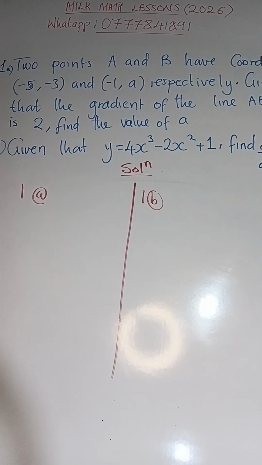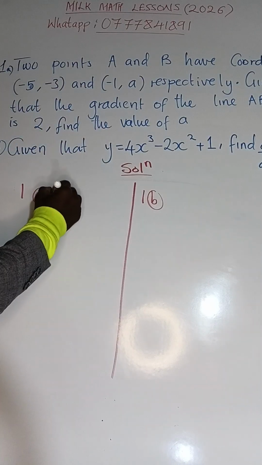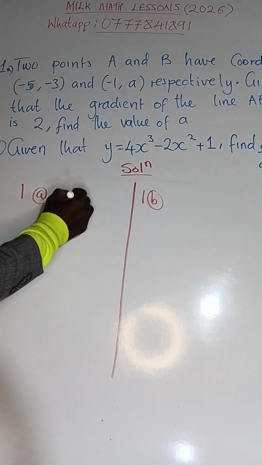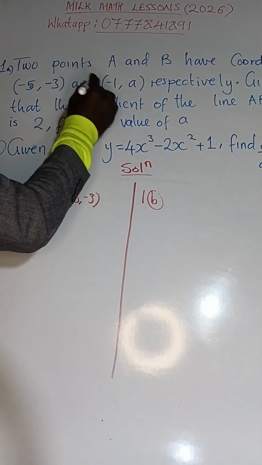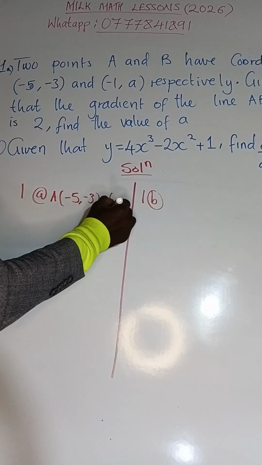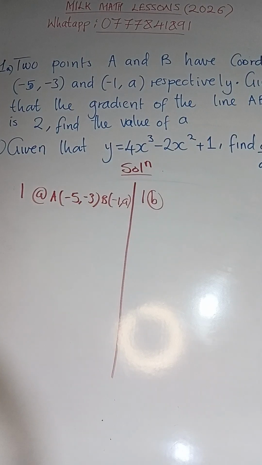According to the coordinates given, we are given the coordinates for A as -5, -3, and the coordinate for B as -1, a. They have given the gradient as 2. So now we are asked to calculate the value of a.